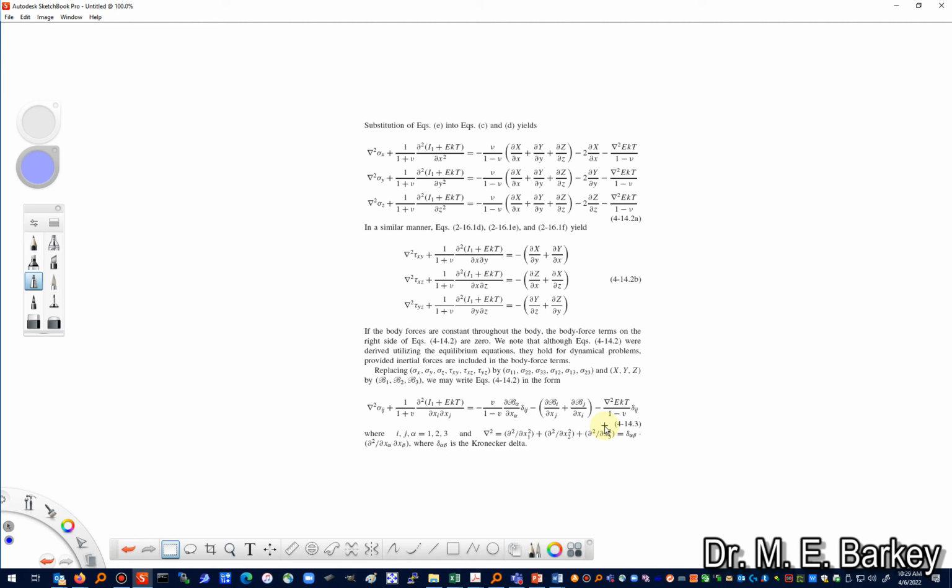Now, in a lot of problems, the body force terms are either constant or they go away, and there's no temperature change, so this gets reduced quite dramatically. So we have a del squared sigma ij plus 1 over 1 plus nu, second partial of I1 with respect to xi and xj, where we can get these various terms in here.